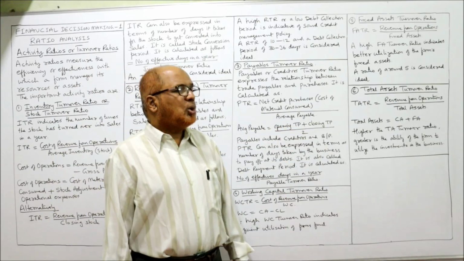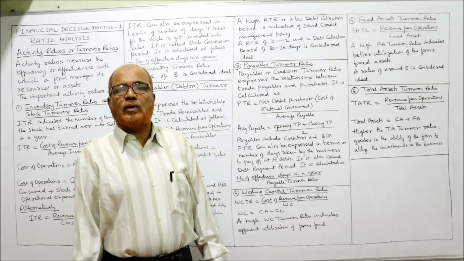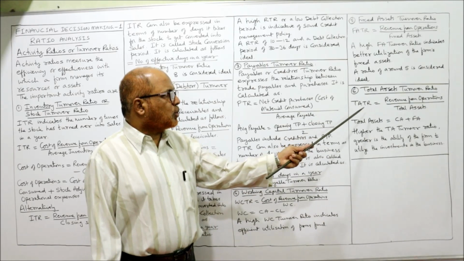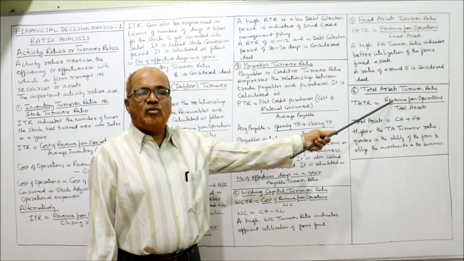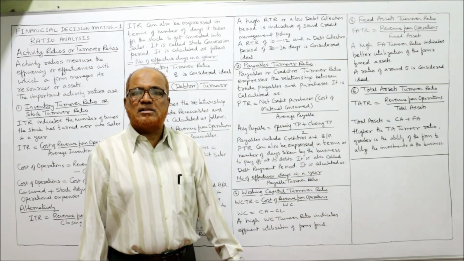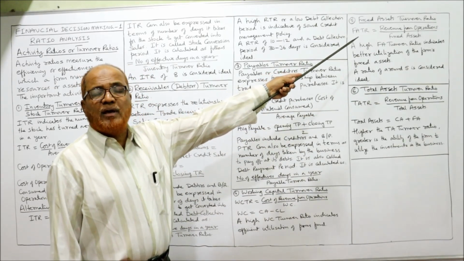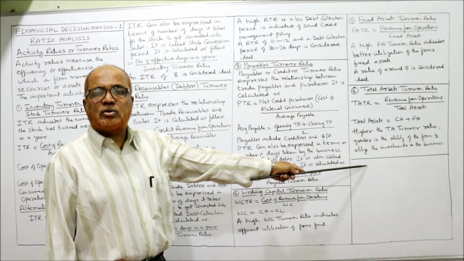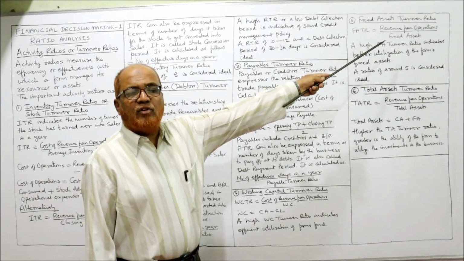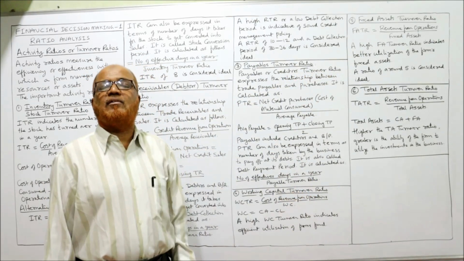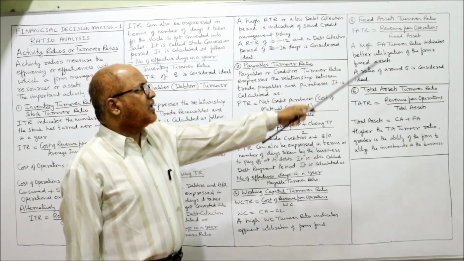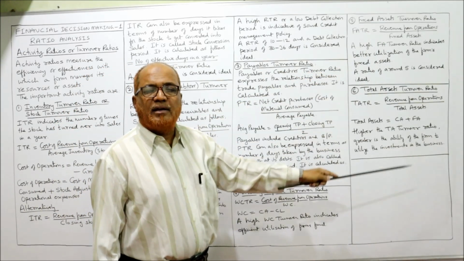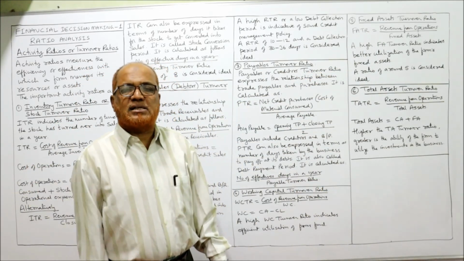Now the last one is total assets turnover ratio. The formula is revenue from operation divided by total assets, just like fixed assets. In the numerator we take revenue from operation; in the denominator, instead of fixed assets, we take total assets.